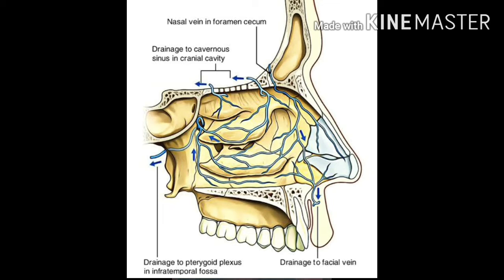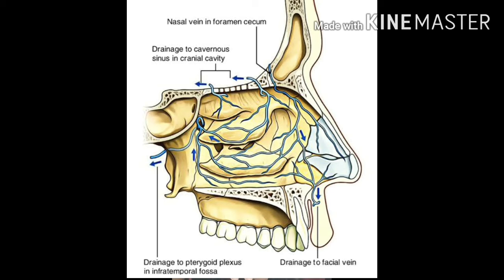So these veins form the plexus, which is mainly present in Little's area, the lower part of the nasal septum. Now this plexus drains anteriorly into the facial vein. Okay, remember this.